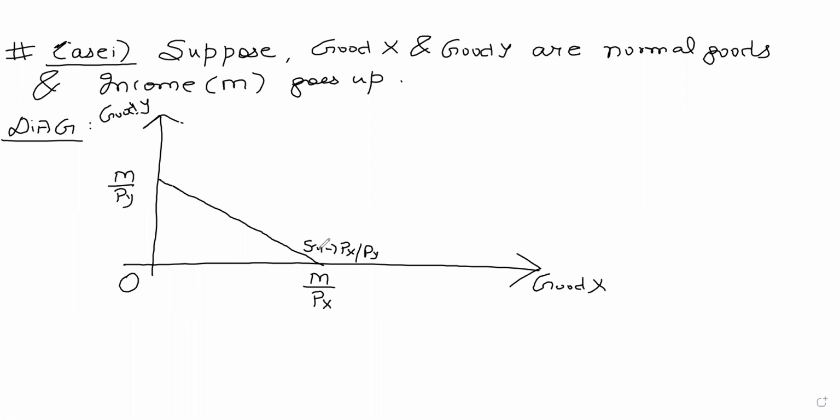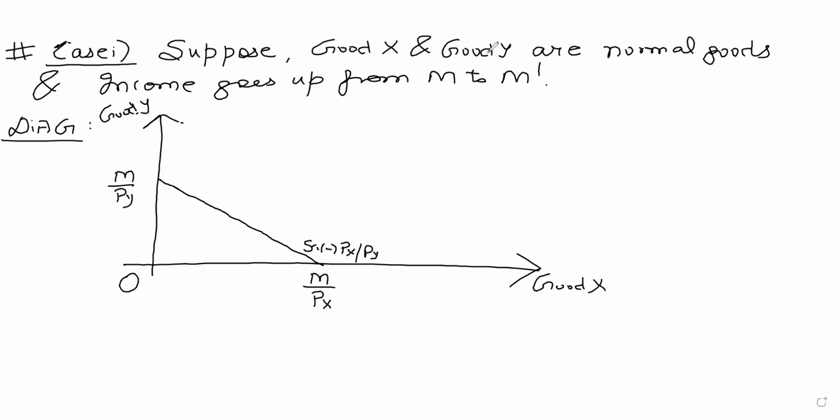Okay, this was my budget line. Now suppose income goes up from M to M dash. So all students can recall what will happen to the budget line when income goes up.